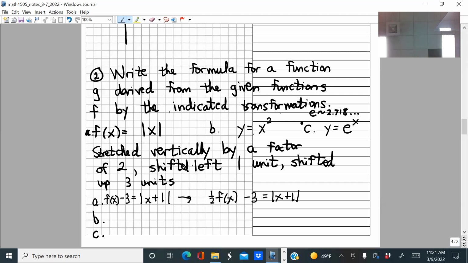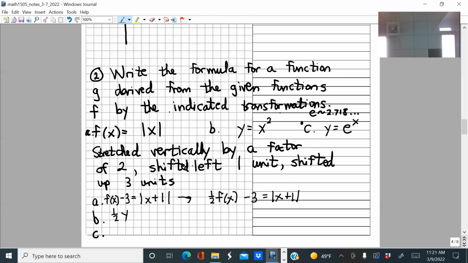What about x squared? Same transformation. So what's it going to look like? When you stretch it, you get what? How do you stretch it there? Multiply by 1/2, right? So y gets multiplied by 1/2, right?